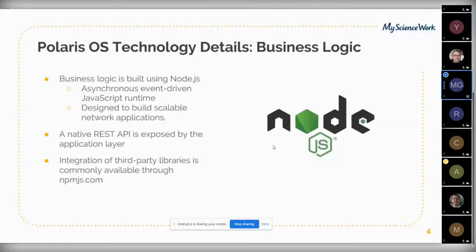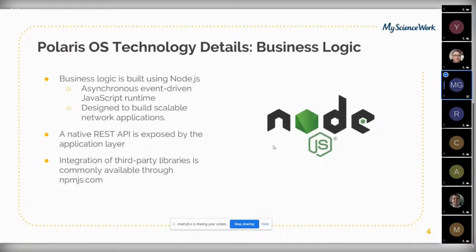Now, in the business logic, I'm starting with the core of the system. It's built on Node.js. You may already know what Node.js is. It's a JavaScript runtime designed initially to run scalable network applications, based on Chromium V8 from Google.